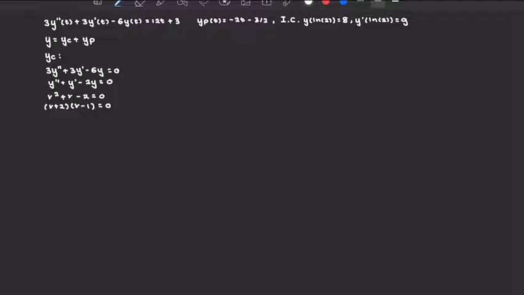And so we know that our first root is negative 2, and the second root is positive 1. So we know our complementary solution, or yc, will just be C1 times e to the negative 2t plus C2 times e to the positive 1 times t, which is just t. So we get our complementary solution right here.